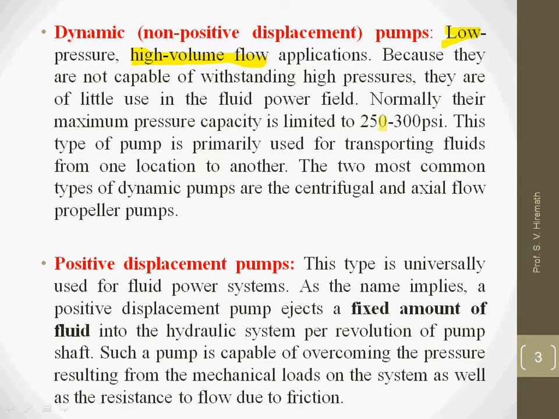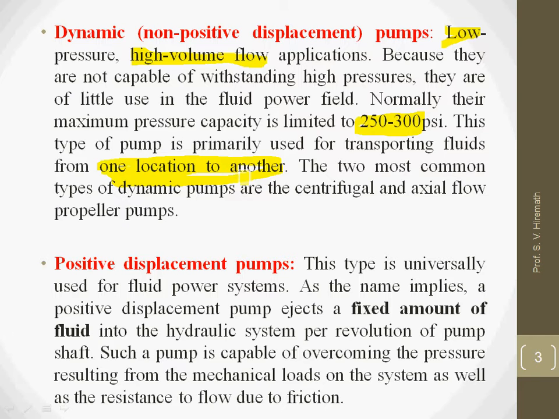We have a maximum limit of around 250 to 300 psi. This is the maximum capacity, and these are mainly used for transporting fluids from one location to another. As we are not concentrating on the pressure here, we are just concentrating on the higher volume of flow which the pump is giving.